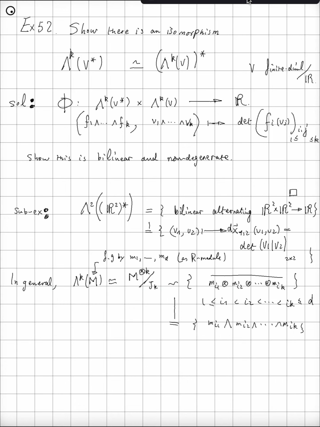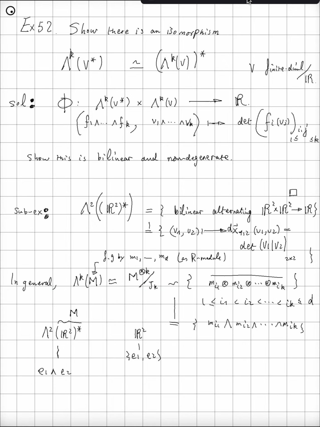So in particular, in this precise example, we would say the exterior square of R2 star, which means M is the dual space of R2, should have a basis. Because for R2 we have a standard basis E1, E2, so this should have its basis E1 wedge E2.